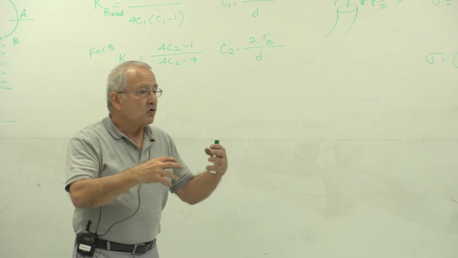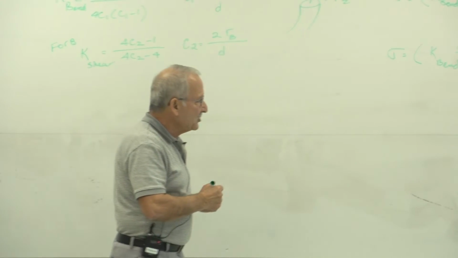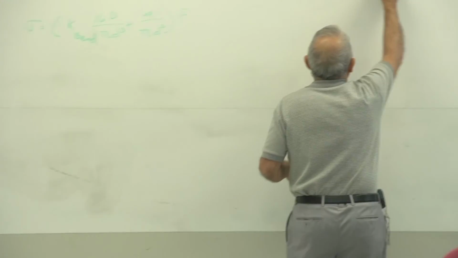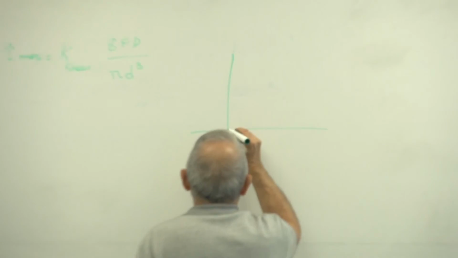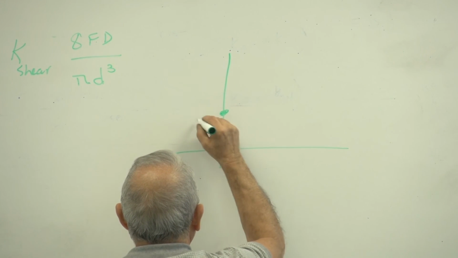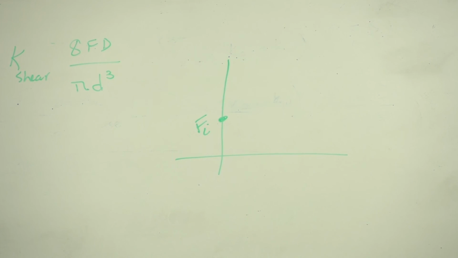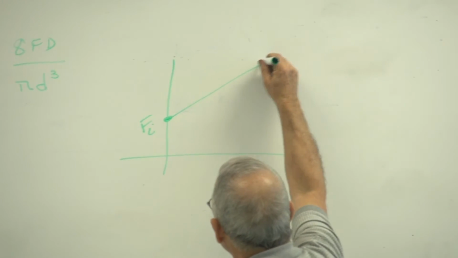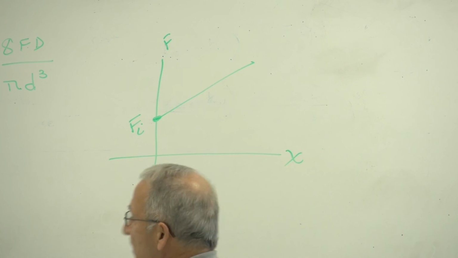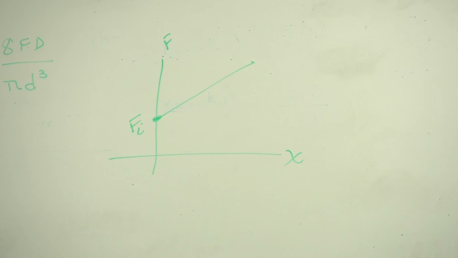So, if you draw the force deflection diagram for a tension spring, starting from 0, you keep putting in forces and nothing will happen until you overcome the initial preload in the tension spring. After that, the relationship will be linear like that. So F is not equal to Kx. F equals Fi plus Kx, the initial preload. You have to add that in.